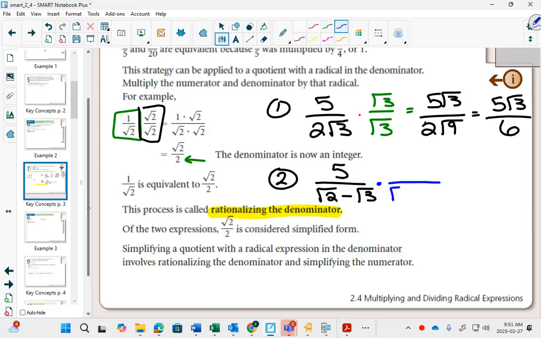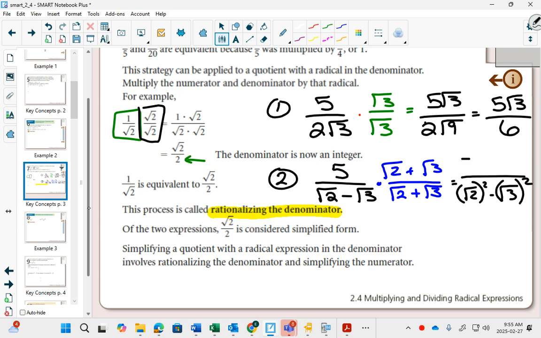Difference of squares. So in the second one, what's nice about the difference of squares is that this will be root 2 squared minus root 3 squared.